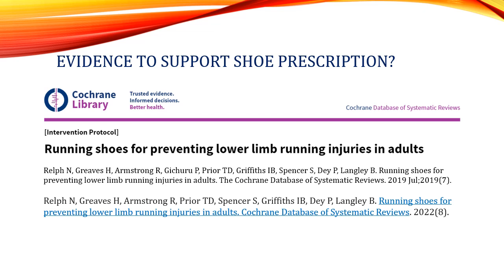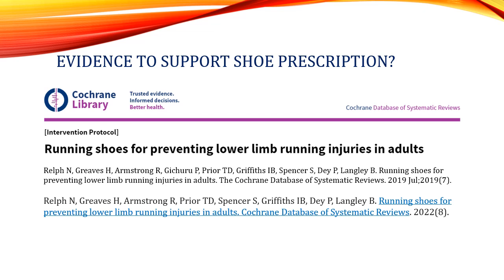And the most evidence demonstrates that there's no reduction in lower limb running related injuries in adults when comparing different types of running shoes. Overall, the category of the evidence determining whether different types of running shoes influences running related injury is very low to low.